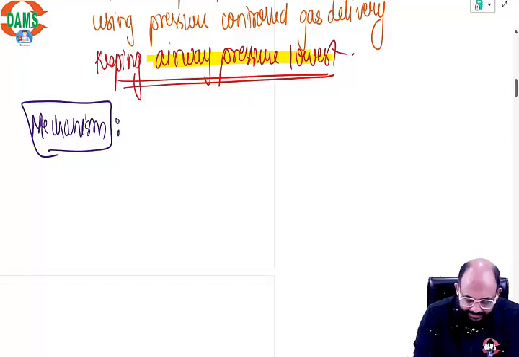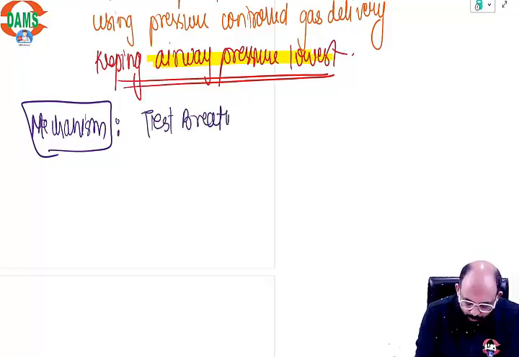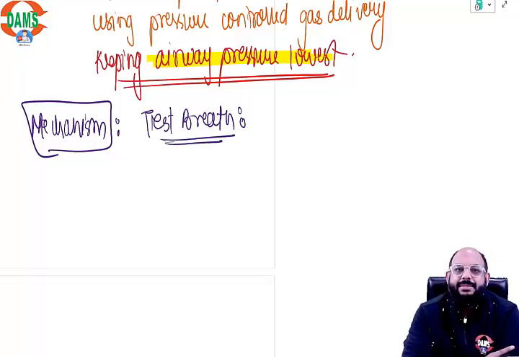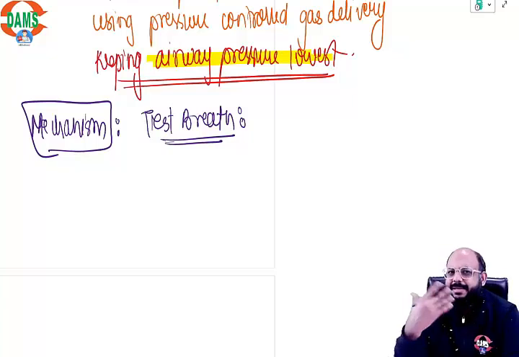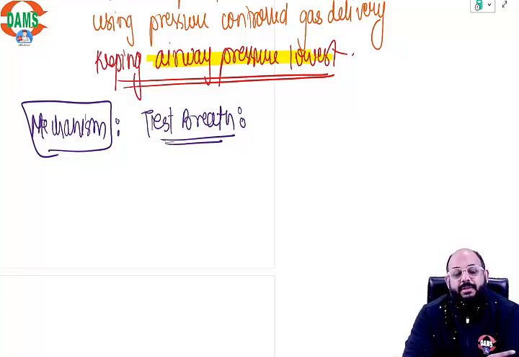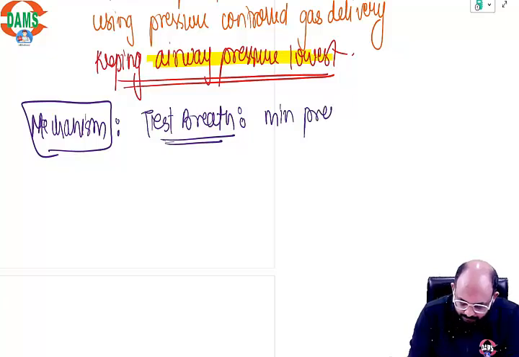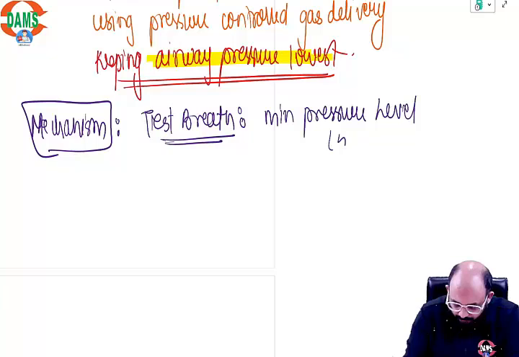So the ventilator first gives a test breath. Usually, you set two things in it. You first set a tidal volume that you want to achieve and you set a maximum pressure that the patient can have. Okay. But what the ventilator does is it first gives a test breath, that is a breath at minimum pressure level, usually 5 to 10 centimeters of water.